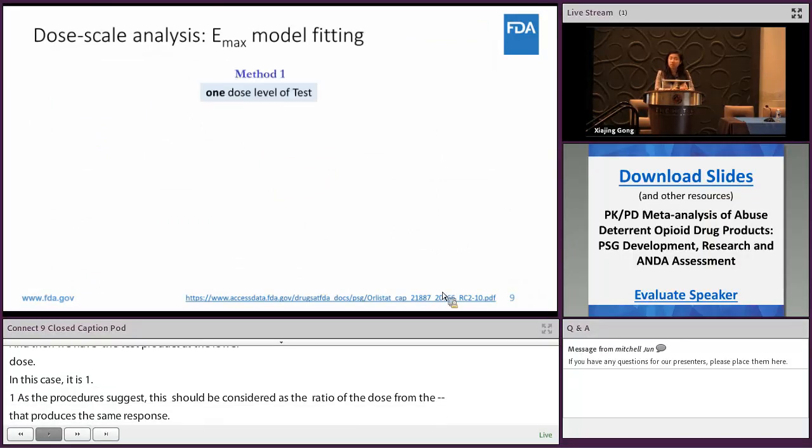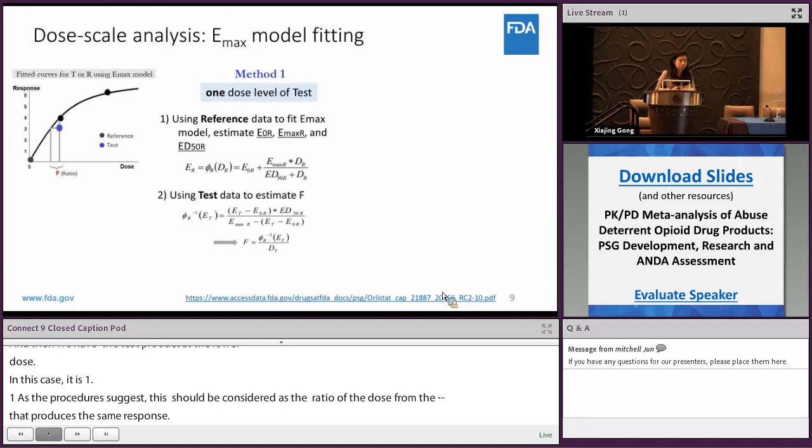As you can see from that procedure, the essence of DoseScale analysis is Emax model fitting. So for Emax model fitting, there are two methods currently recommended by FDA in the guidance. The first method is used for the cases where you have one dose of test. Okay, you don't have to pay any attention to these equations. They are just there in case you want to come back and refer to them for more details.